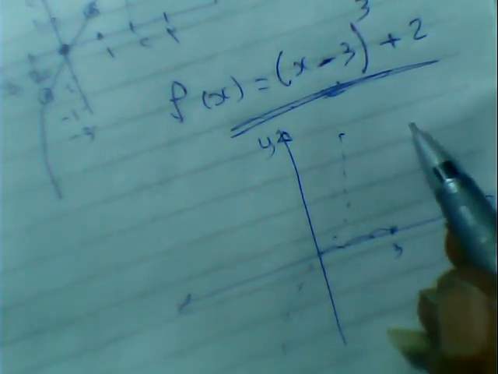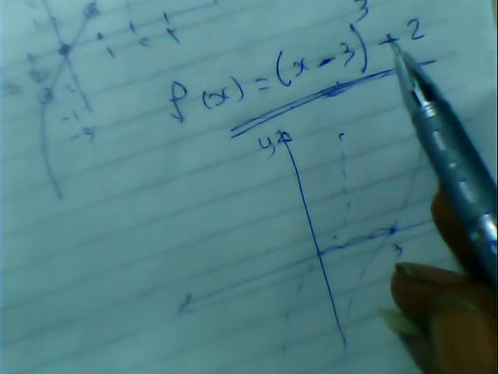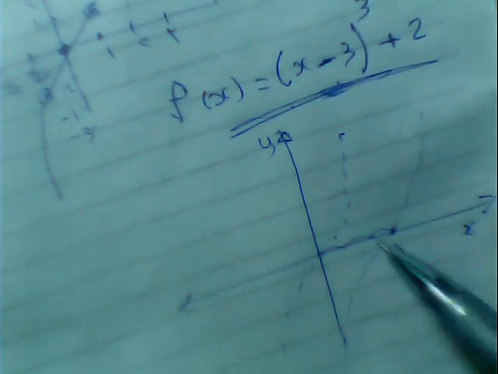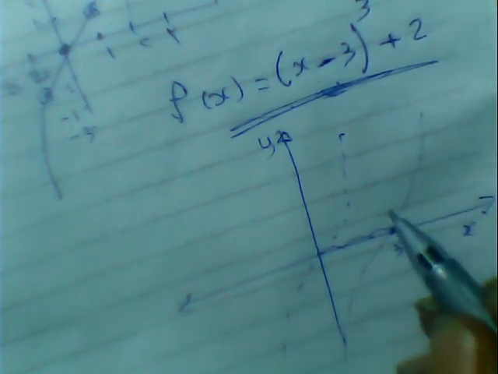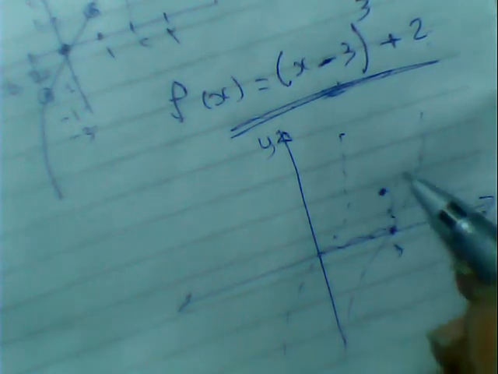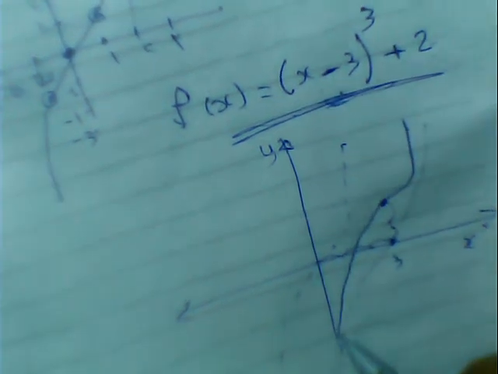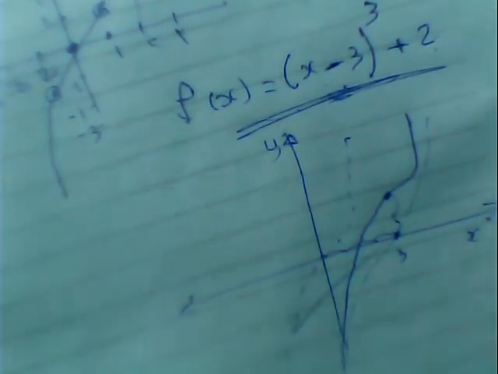But we are not finished. We move this curve up 2 steps, and then this point is the vertex of the curve, like this. Then you have now finished how to draw it.